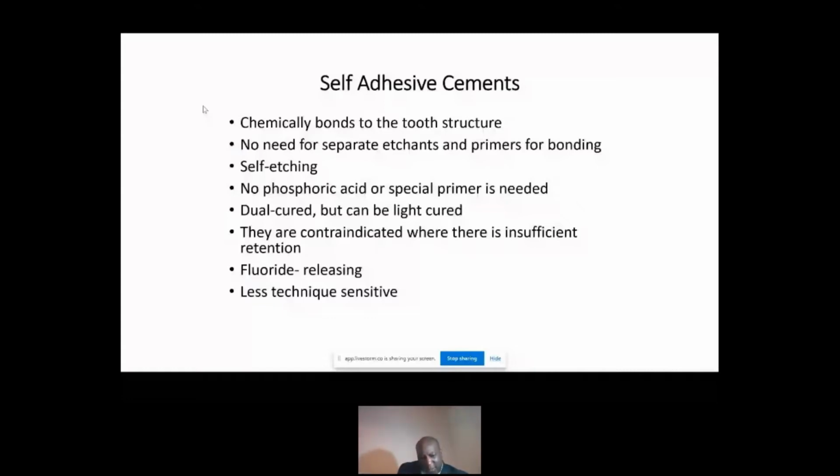They can also be light cured. But it's very important that we don't use such a restoration if there's insufficient retention. And some are fluoride releasing, and they're less technically sensitive as compared to conventional cements.